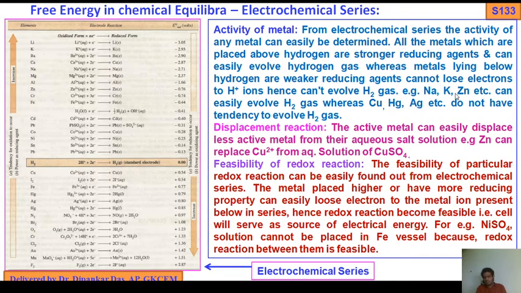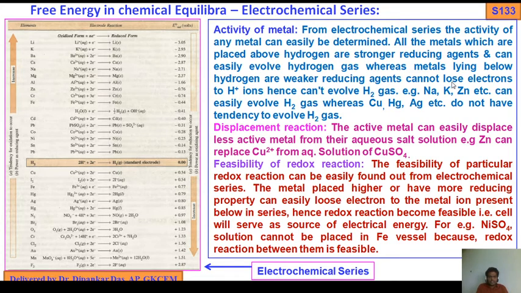For example, sodium, potassium, zinc can easily evolve H2 gas, whereas copper, silver, gold, mercury do not have the tendency to evolve hydrogen gas.